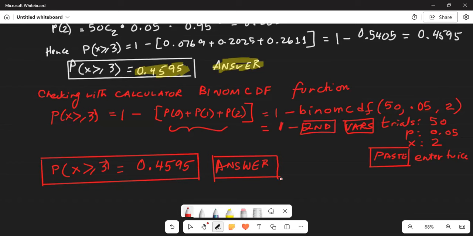The important tip I wanted to give you is, if possible, use the calculator because it's much easier than using the formula. However, I wanted to show you the formula built into the calculator and the basis of that formula. Hence I used the formula initially to solve the problem and then used the calculator to get the same answer. I'll stop here today.